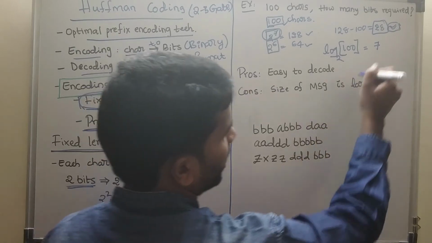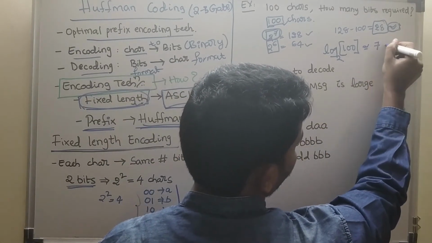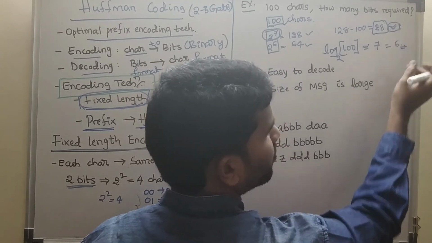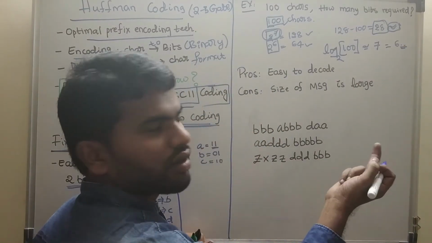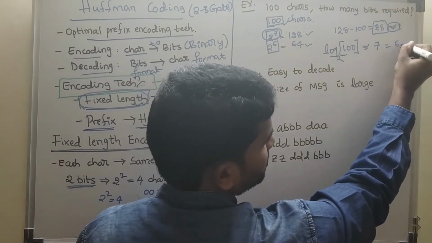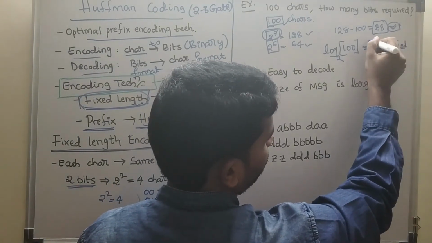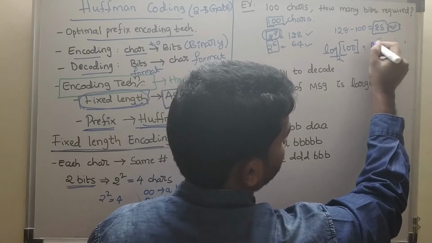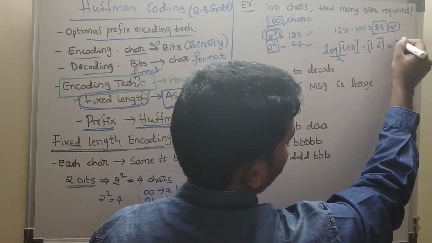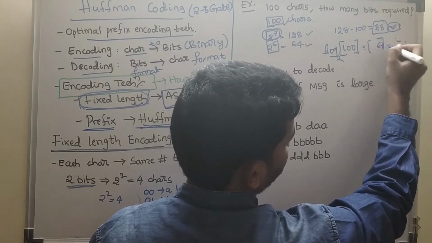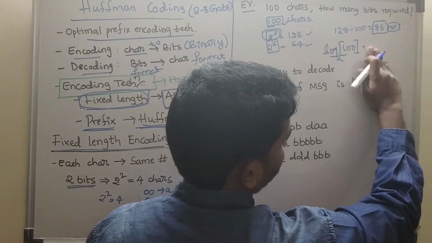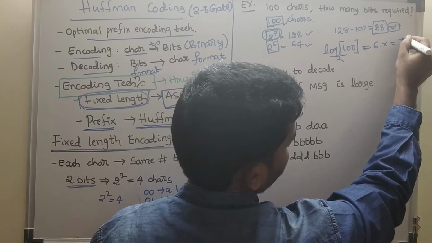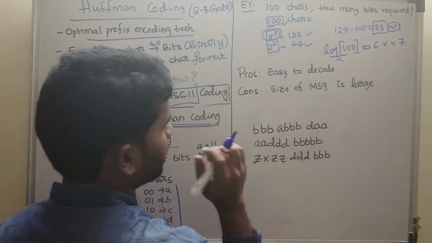It will give 6 point something, approximately 7. But you can't represent a fraction of a bit. It should not be in decimal points. So you take the ceiling value: 6 point something, and then it will give 7.